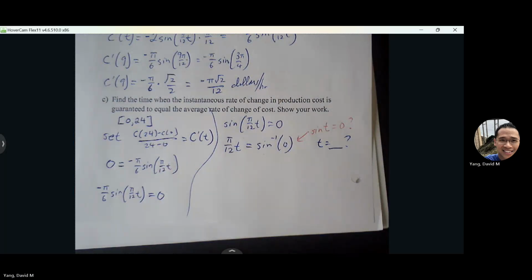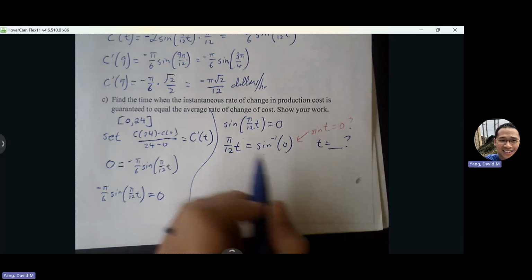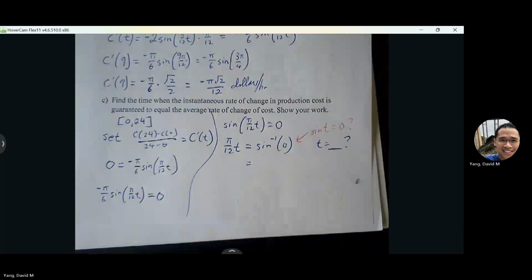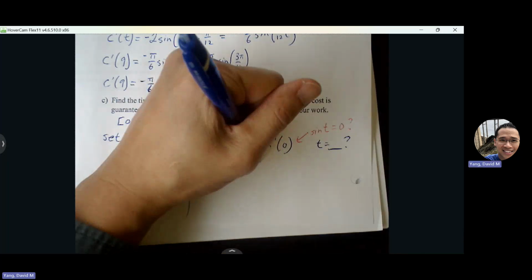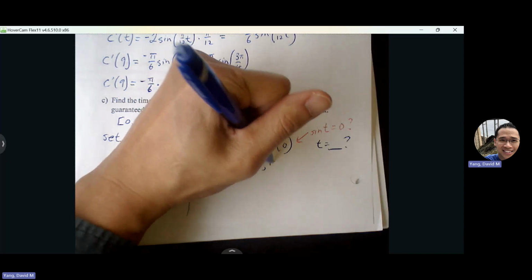So sine of what is equal to 0? And theta is 0, pi, 2 pi.